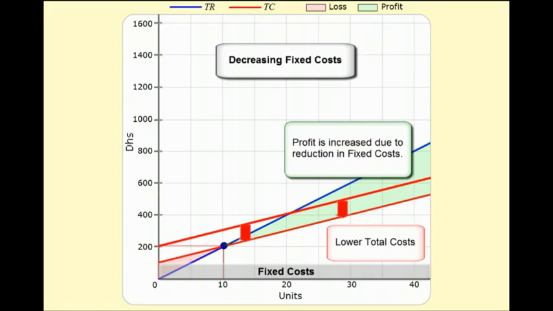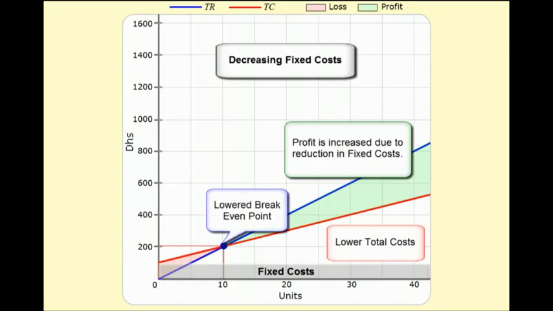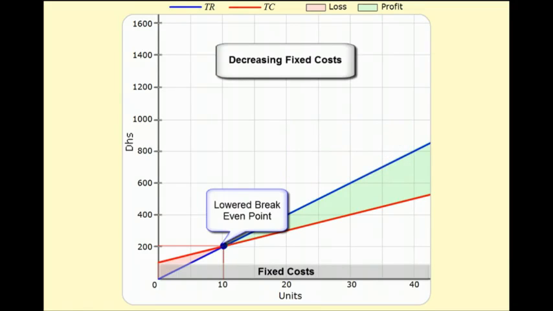But in addition to that, you will notice that break-even point is lowered. When the management is able to reduce these fixed costs for the company, they have a very direct impact on the profitability of the company and on how soon they begin making profit by lowering the break-even.